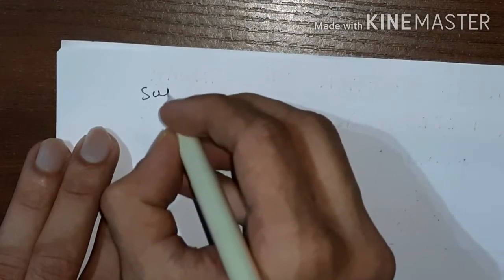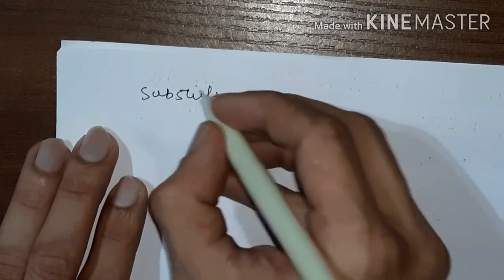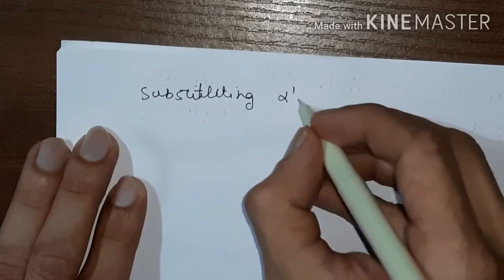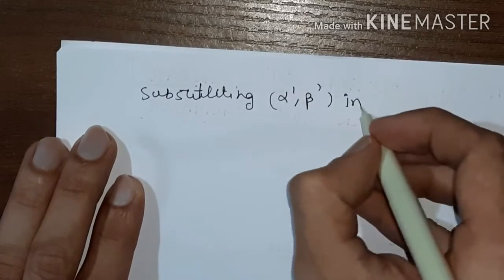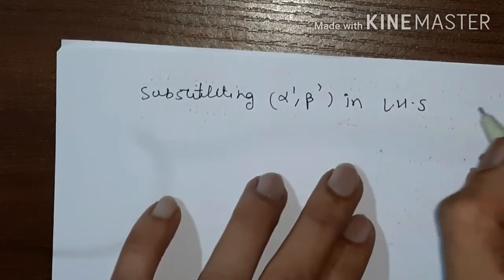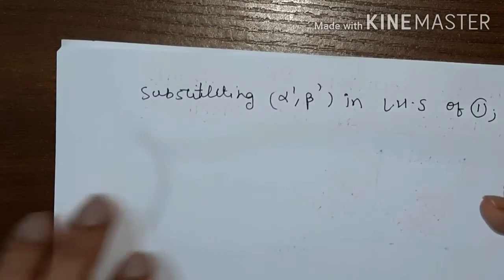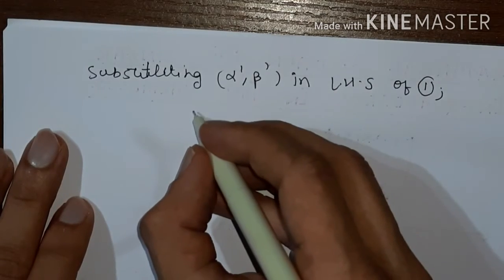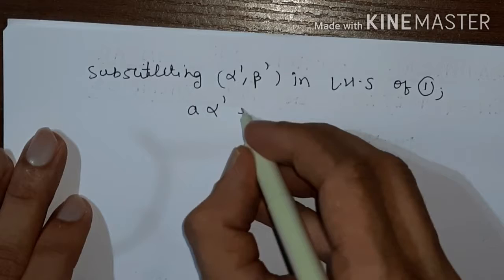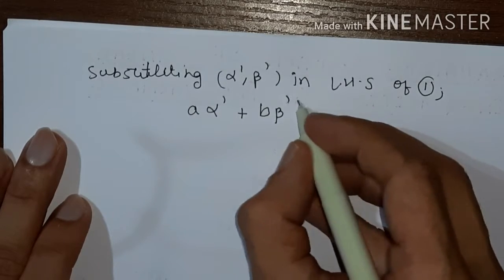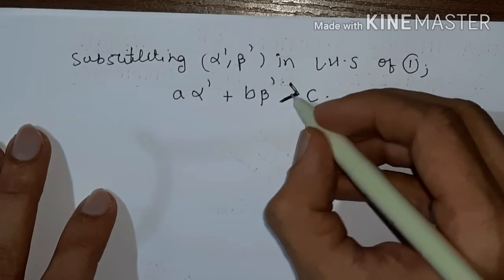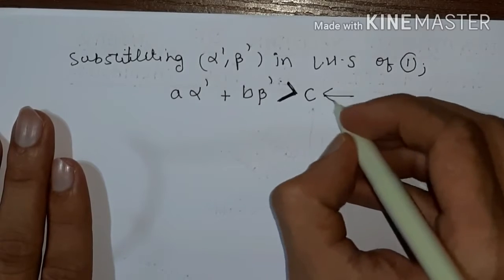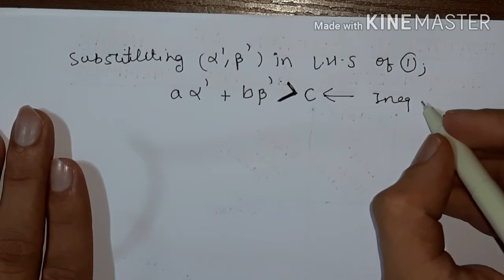Substituting alpha prime comma beta prime in the left hand side of 1, what you will get is A alpha prime plus B beta prime. If you get greater than C, then you see that the inequality 1 is not satisfied.